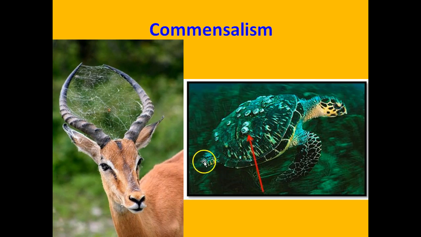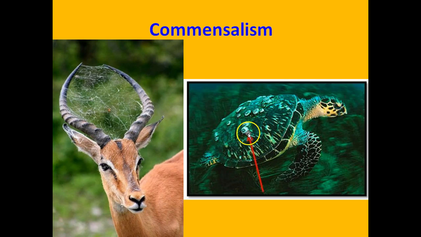Great picture. Over here we have barnacles that are attached to a sea turtle. You might think, well, that's got to be parasitism. Barnacles eat plankton. They actually aren't feeding on the turtle.